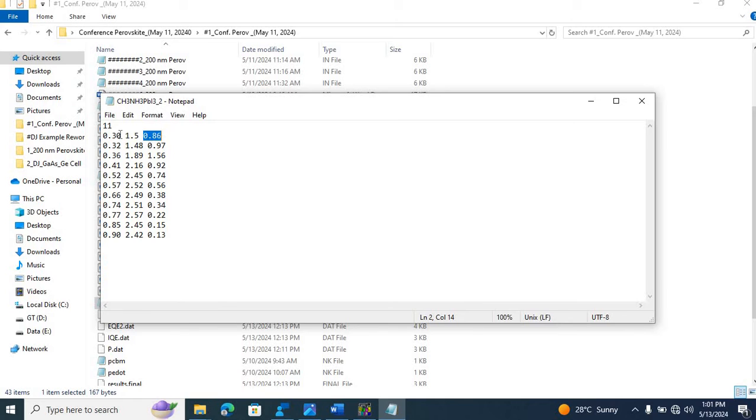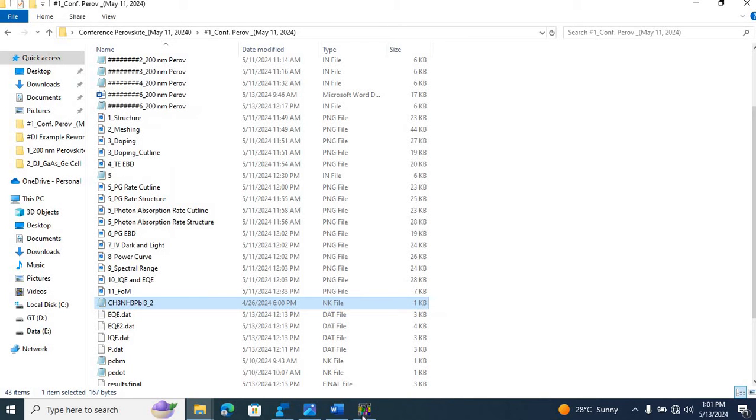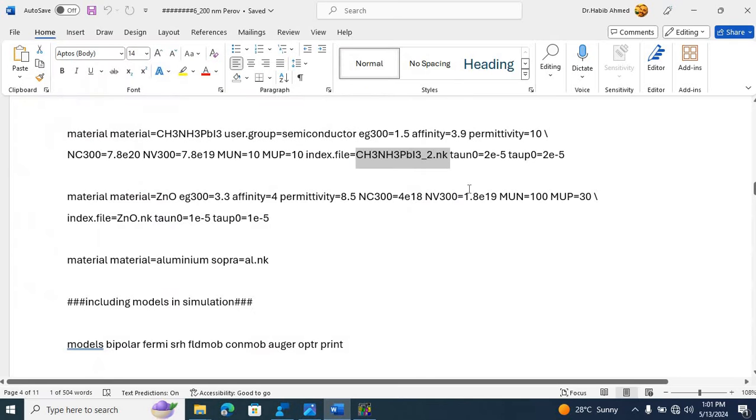And the program automatically interpolates and extrapolates values in other ranges for the visible light spectrum for the methyl ammonium lead iodide layer. And then this perovskite has good electron and hole recombination lifetime.